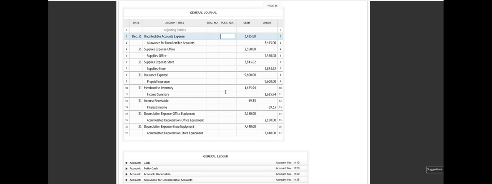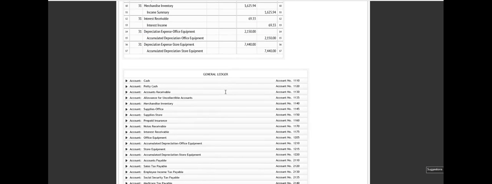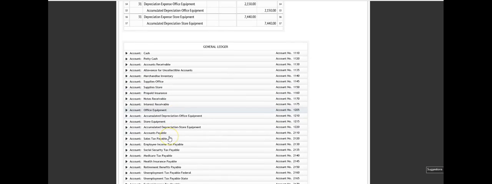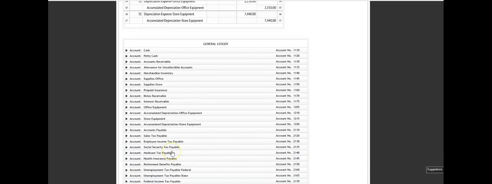So we started this sheet earlier, work together, so yes, we do. So now we need to go back up and put the post-ref numbers, which are the account numbers. That first one is uncollectible accounts expense. We need to find it. There we go, 6165.